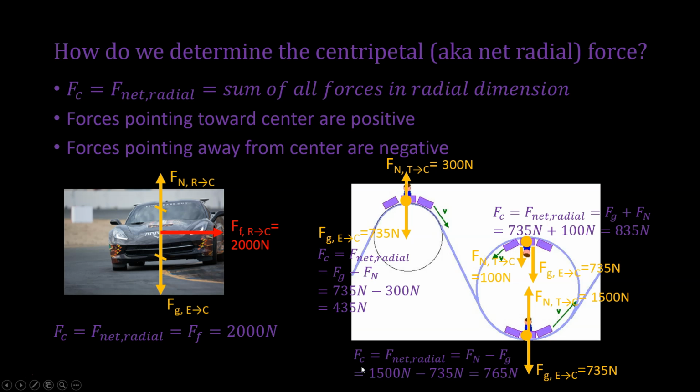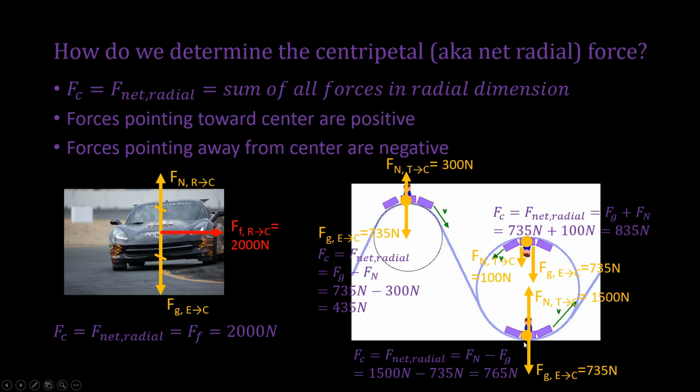So we go ahead and look at these forces, and we have the normal force pointing towards the center of the circle, and we have the gravity force pointing away from the center of the circle. So we're going to subtract the gravity force from the normal force. Remember, forces pointing towards the center are positive, and forces pointing away from the center are negative.